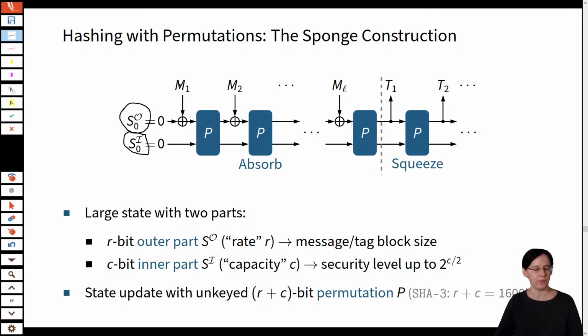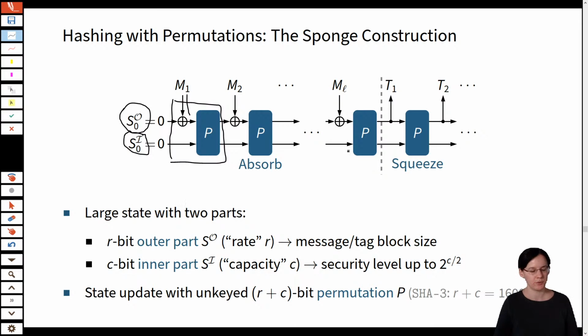So in every step, while we are absorbing data, we're XORing the data blocks to this outer part, and then apply the permutation. So you can also see this as a compression function, if you like, because you do compress the message into this intermediate state, but it does not actually satisfy the requirements of Merkle-Damgård, because this is not a collision-resistant compression function. It is, however, still a secure construction.